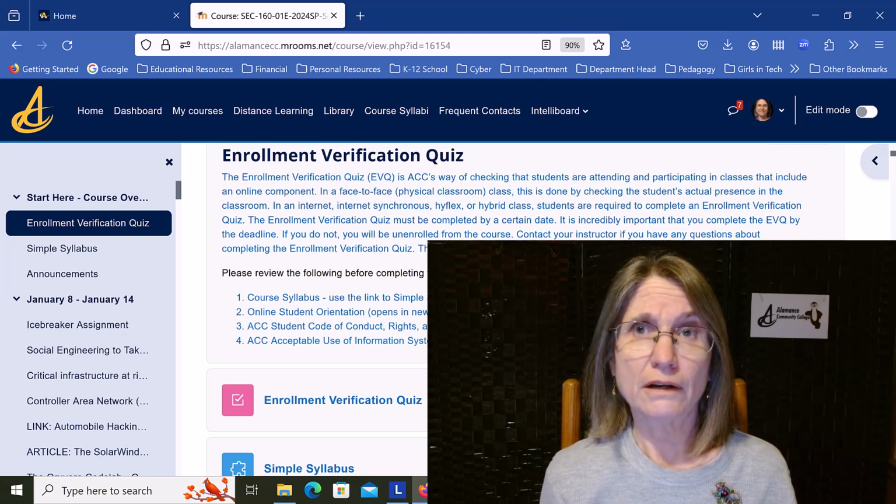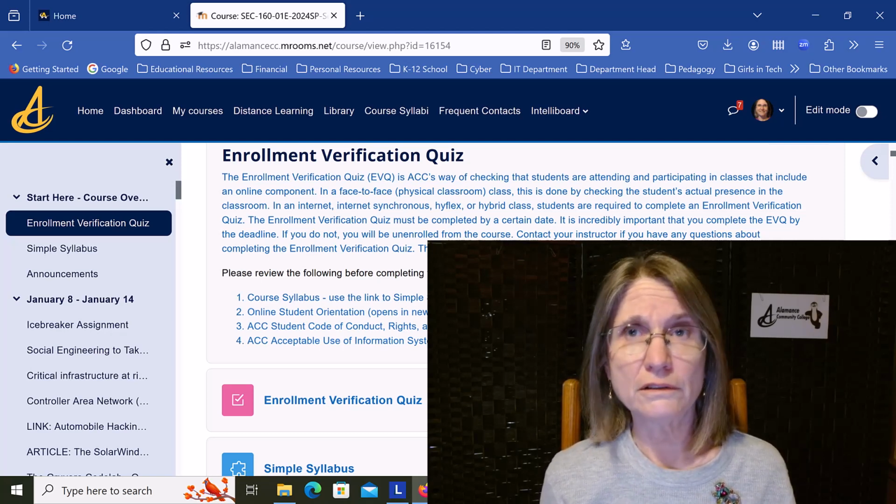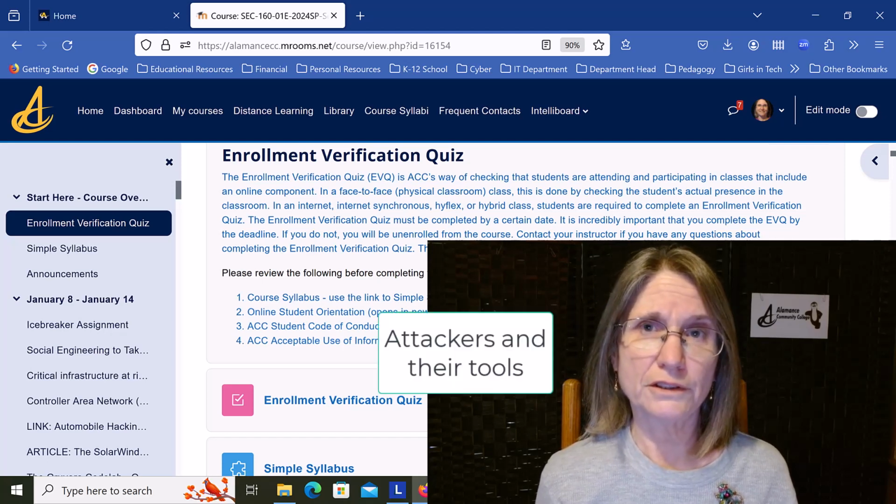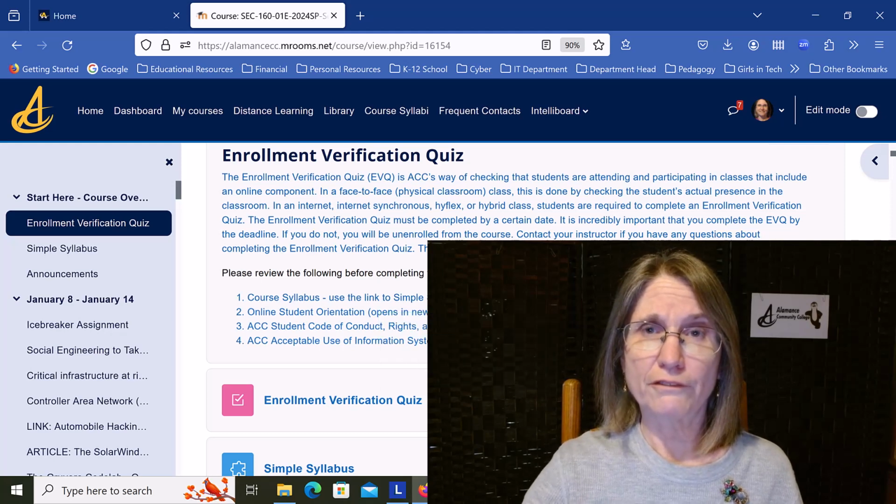We'll then look at some of the various types of attacks. So not all attacks are identical. If they were, it would make the job a bit easier, but there are different methods, different strategies.